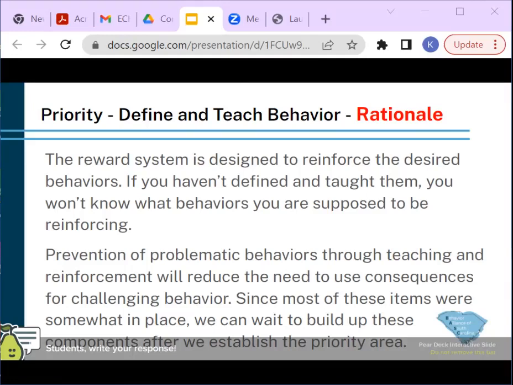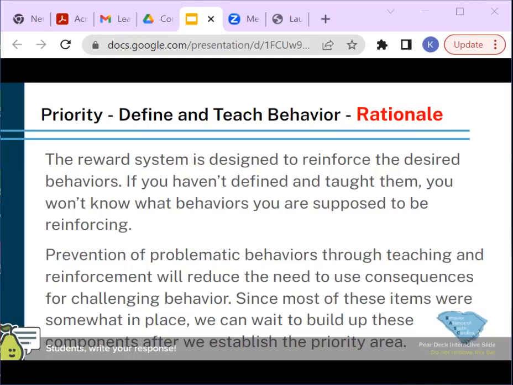She would be reinforcing other random behaviors. And when you tie your reinforcement to a set of clearly defined and stated behaviors that you're teaching, then the power of the reinforcement in the reward system really can be enhanced.